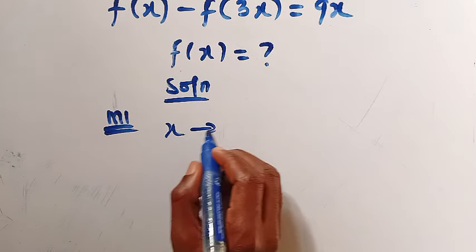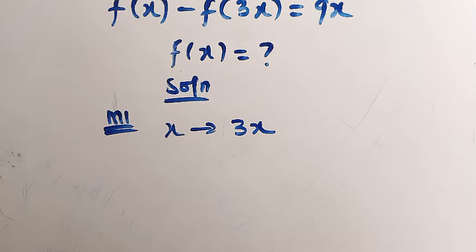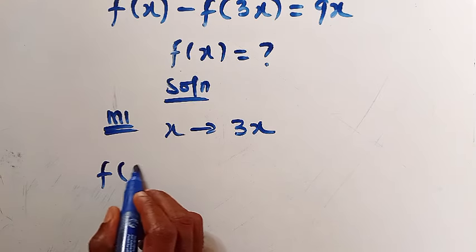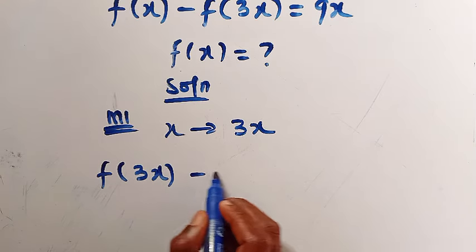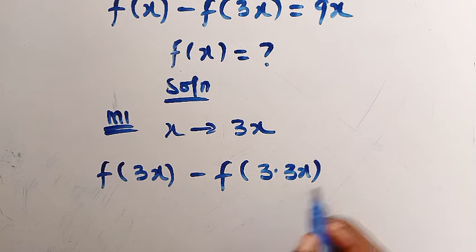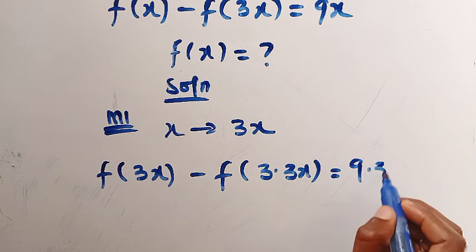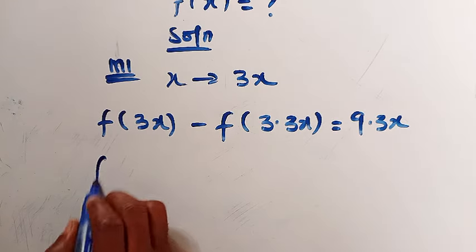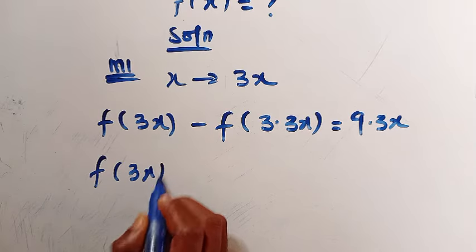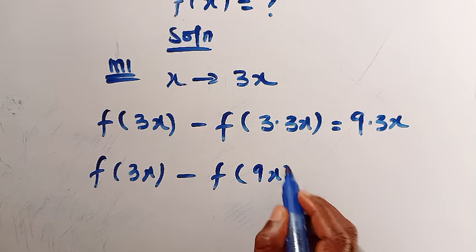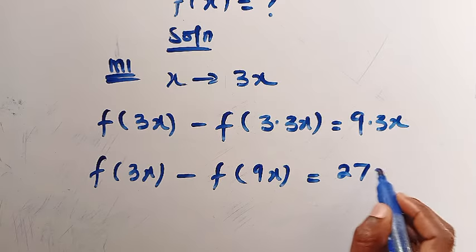Then we are going to have f of 3x minus f of 3 multiplied by 3x equals 9 multiplied by 3x. We only replace x with 3x. So here gives us f of 3x minus f of 3 times 3x, that is 9x, equals 27x.